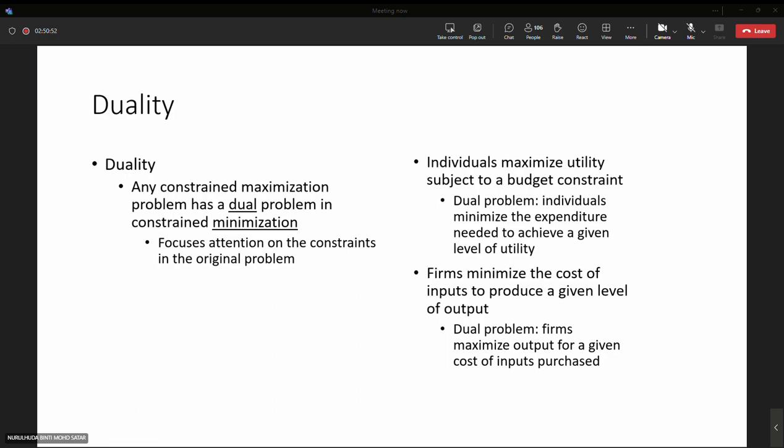Solving that constrained minimization problem will yield the same results as solving the constrained maximization problem. So there's always going to be this dual problem in constrained optimization.